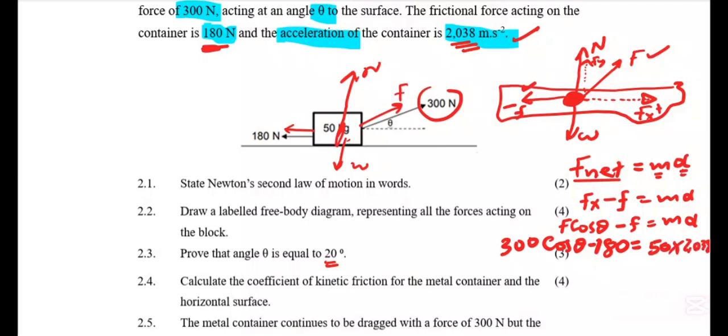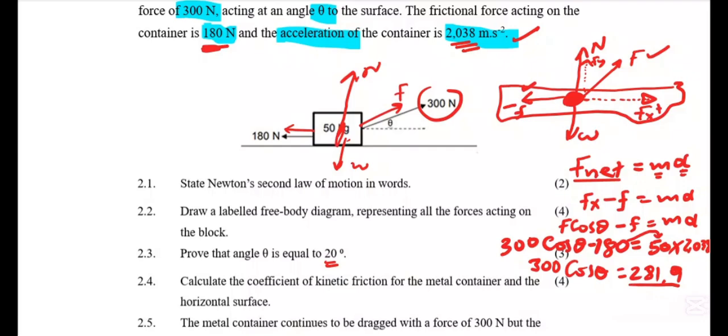All right, then we transpose 180 to the other side. So when we transpose, 180 changes sign and becomes positive. On this side we now have 300 cos theta, which is equal to 281.9.